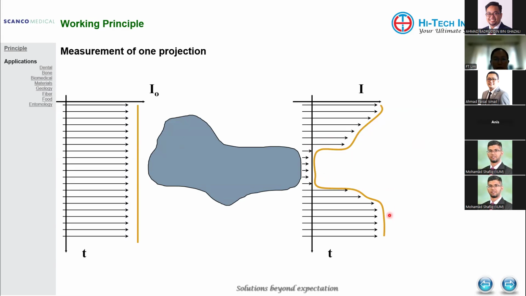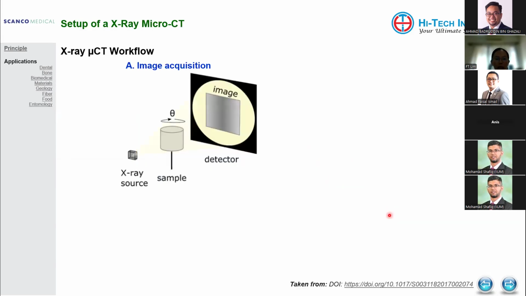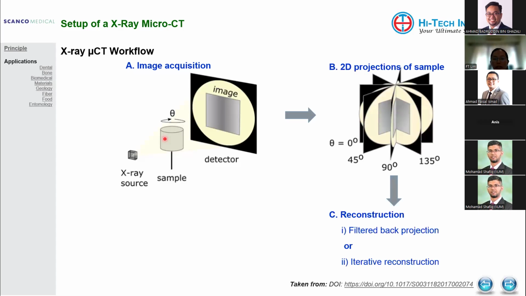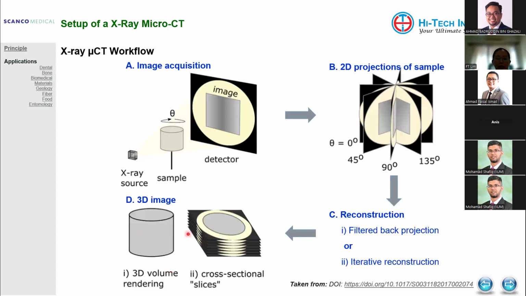For ex vivo or MicroCT, the sample will rotate 360 degrees, and each time you get the back projection, the shadow. After collecting a sufficient amount of shadows, they are submitted to the algorithm, the software itself, and it will reconstruct, and you will eventually get the 3D image.